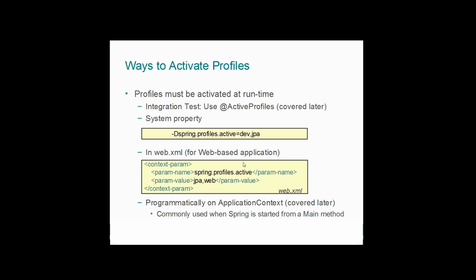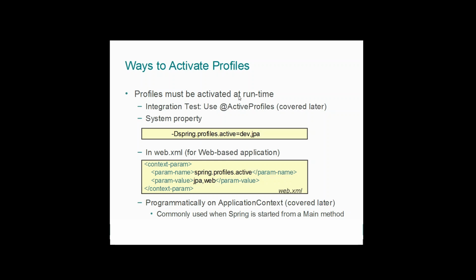In the case of a web-based application, in the web.xml file, I can configure a context param saying this is the parameter name, spring.profiles.active, and this is the parameter value. So the common thing is that spring.profiles.active is the key you use to fetch the profile names.